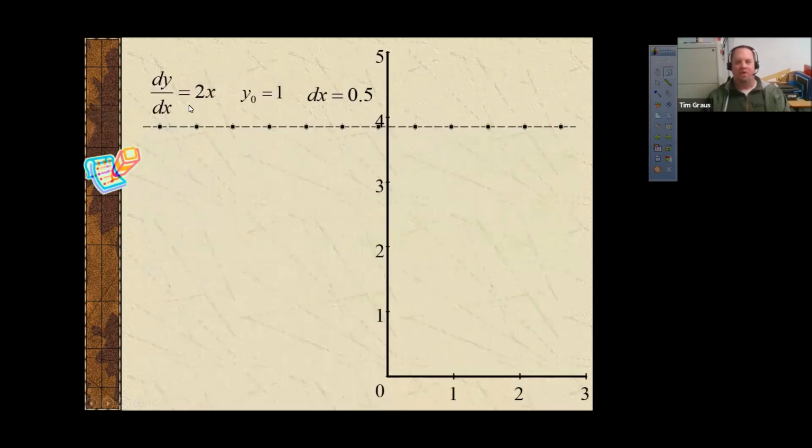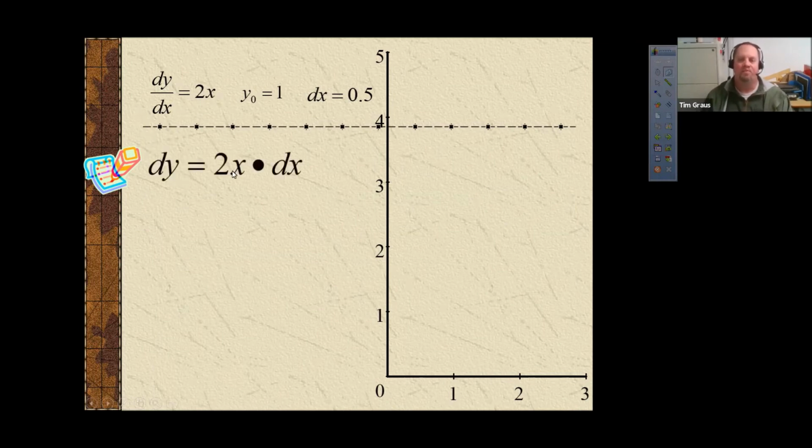So as I said, we're starting with dy dx equals 2x. Well, dy dx equals 2x could also be written in the form of a differential: dy equals 2x dx. I'm going to use the initial starting point, 0 and 1, and a dx of 0.5 to calculate dy.